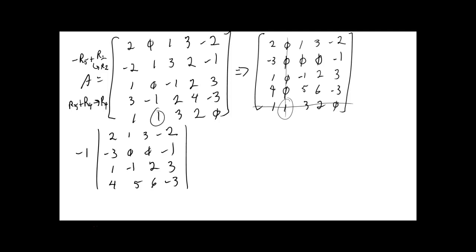Now, what would be your next target to go for? Remember, adding a multiple of one row to another row does not change the determinant. Exchanging two rows, multiplying by a constant, or dividing by a constant, that changes the determinant. Not seriously, but this doesn't change it at all, so we can keep going.